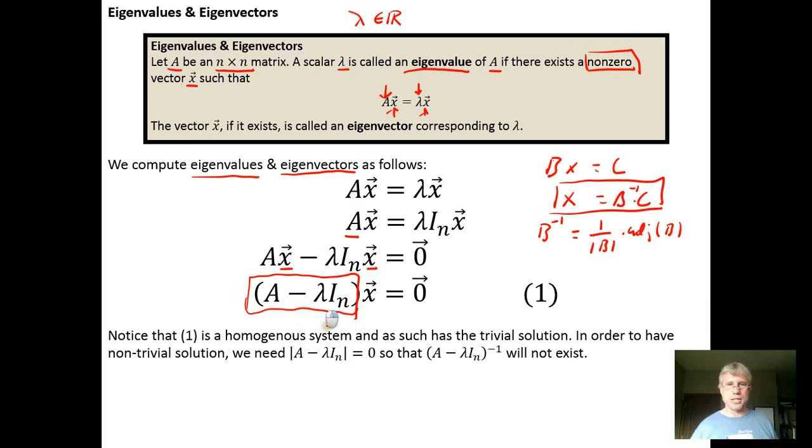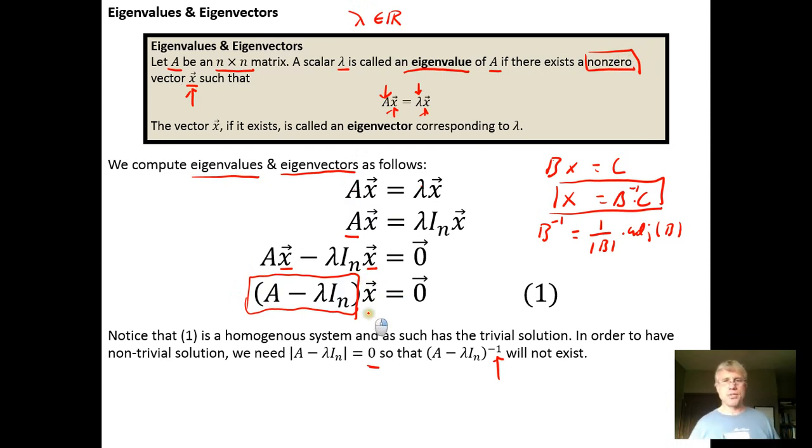This is just like a single matrix B right here. So what we want to do is force the inverse to not exist by figuring out the values for lambda that will make the determinant 0, because then we're guaranteed to have infinitely many non-trivial solutions. That's key because the eigenvectors need to be non-zero vectors.